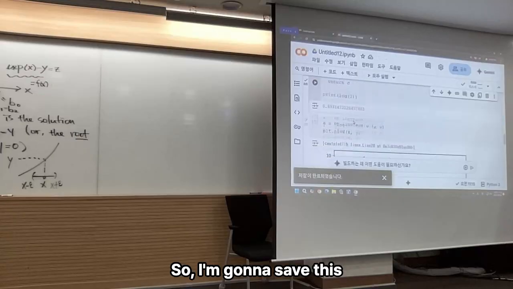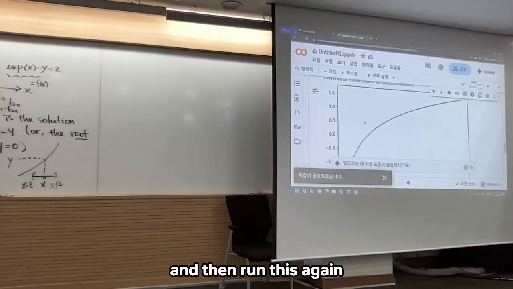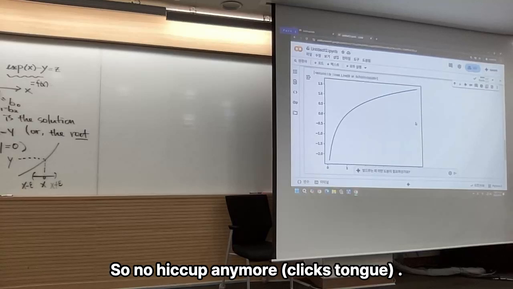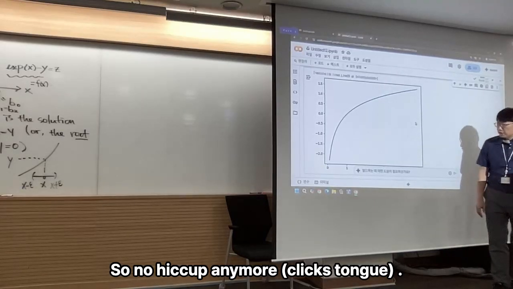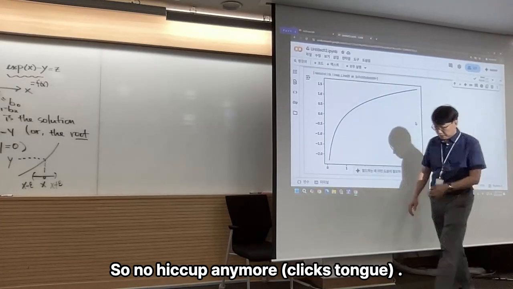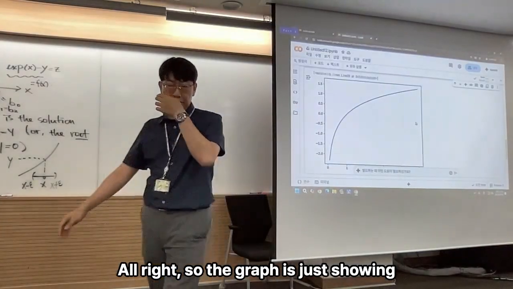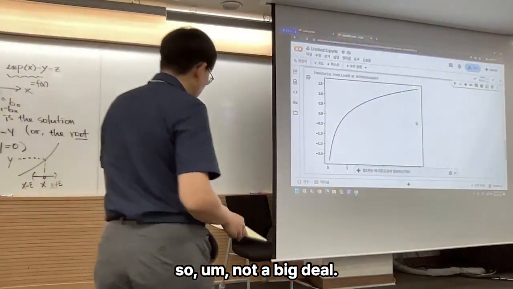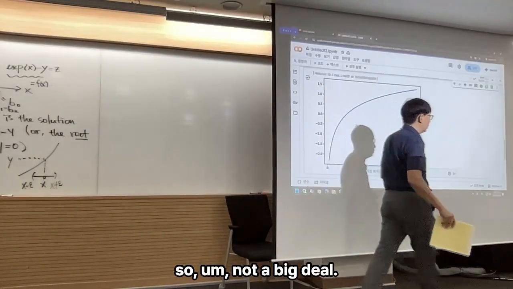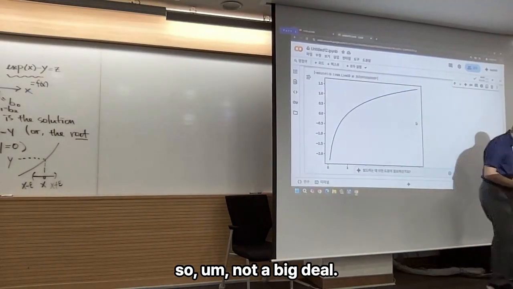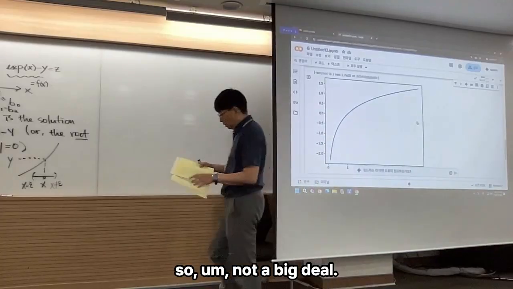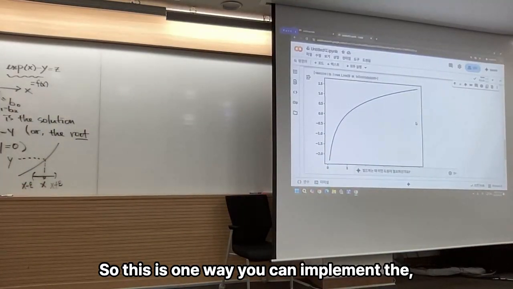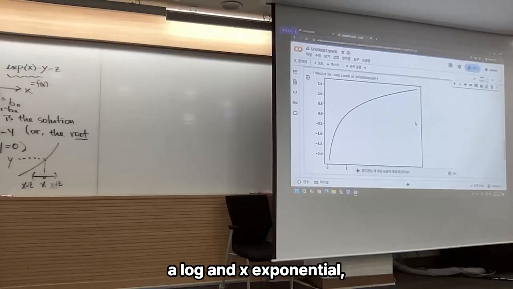I'm going to save this and run this again so you can see the smooth curve here. So no hiccup anymore. All right, so the graph is just showing that we implemented log correctly, so not a big deal. Let me show you. So this is one way you can implement the log and exponential.